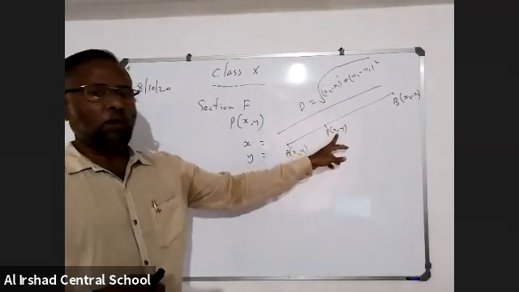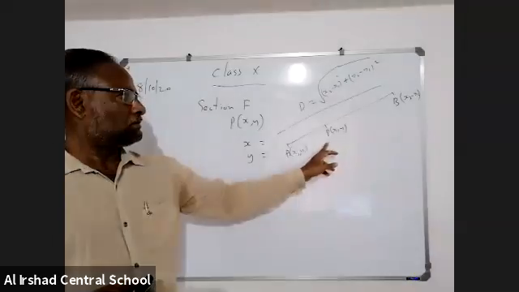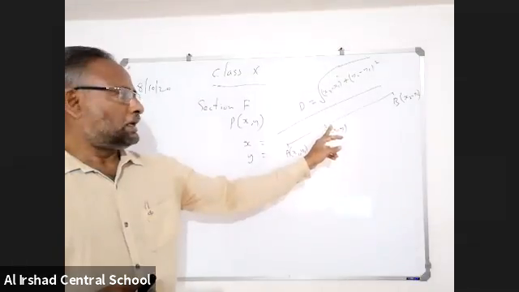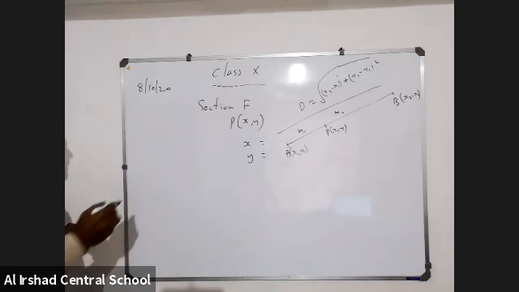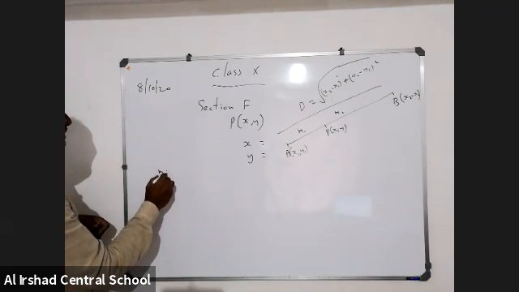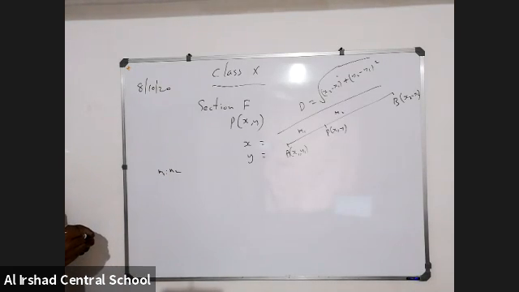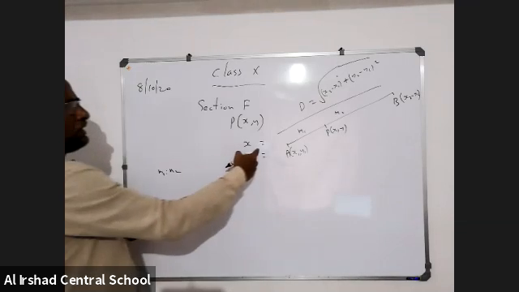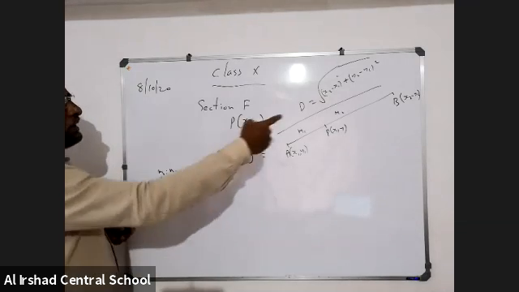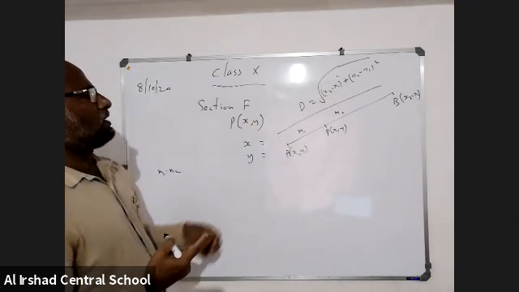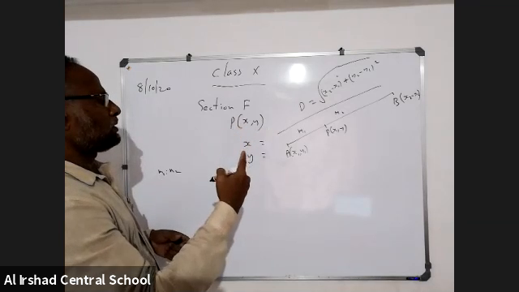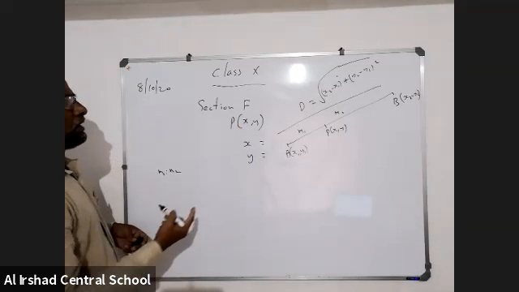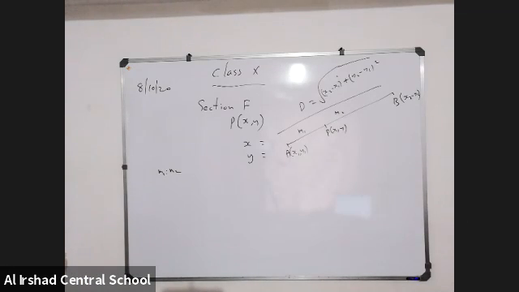The x coordinate of the point which is cutting AB in the ratio m1 is to m2, then the x coordinate of that is equal to m1 into x2 plus m2 into x1 divided by m1 plus m2.